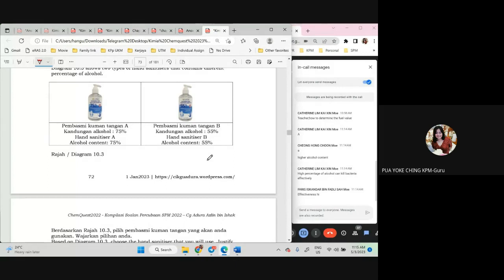Okay, and then actually the better sanitizer kena at least 60% and above. Okay, sanitizer sepatutnya kena 60% and above. Okay, it can reduce the growth. Kalau dia naik, effectiveness. Okay, kalau dia kurang daripada 60%, dia hanya akan reduce the growth. Maksudnya dia kurangkan, dia tak mati. Bakteria tak mati. So, you nak higher percent sebab you nak kill the bacteria.